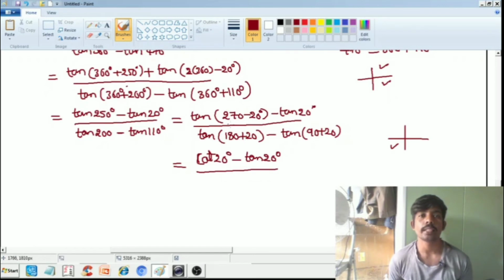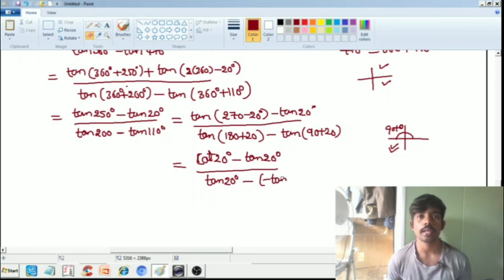tan 180 plus theta. Which quadrant does it come into? 180 plus theta also comes into the third quadrant, hence tan is positive, tan 20 degrees. Minus, 90 plus theta comes into the second quadrant, tan is negative, so minus tan, and tan changes to cot, so we can write cot 20 degrees.